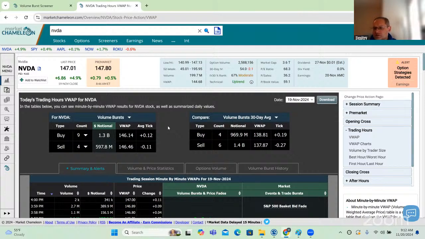And we want to see where there's a conviction in a trade, because with a volume burst, there could be reasons for it too. We should look at it, because it could just be part of a bigger program trade in the market. It could be a reaction to some news, but we want to see where there's a big liquidity taker.